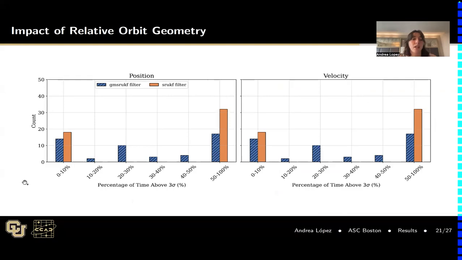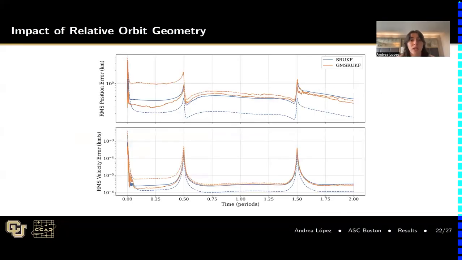There are cases that fail for a little bit of our simulation period, and there are cases that... it is a range really. So when looking at the RMS, again, we can see how the level of error for both filters is in the same order of magnitude, but the 3 sigma bounds are not.